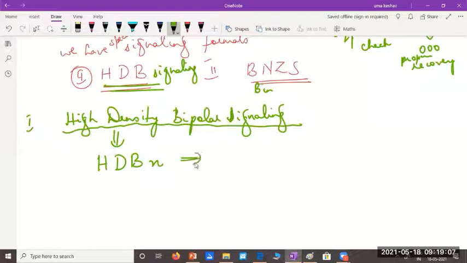What is the meaning? This HDBN means we have to check for n plus 1 zeros.